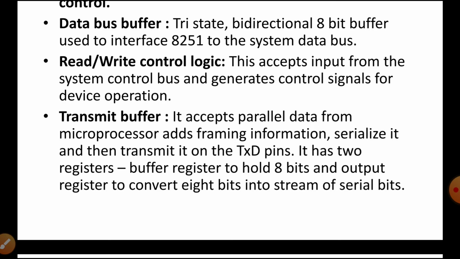One is the buffer register to hold the 8 bits, and the other is the output register to convert those 8 bits into a stream of serial bits. The microprocessor writes a byte in the buffer register, which is transferred to the output register when it is free, when it is empty, and the output register then transmits the serial data through that pin.